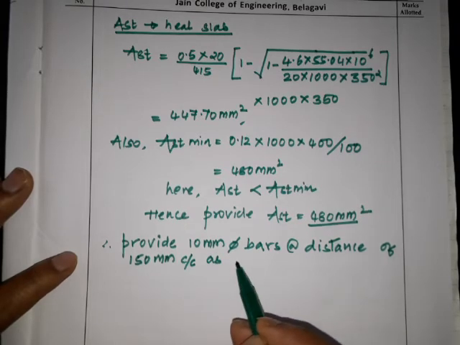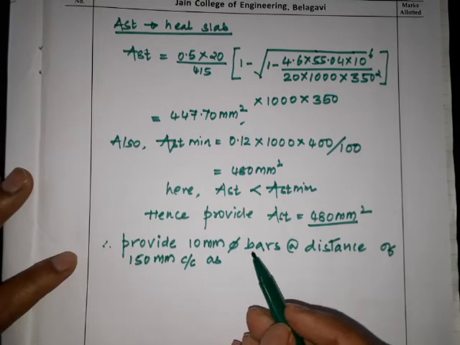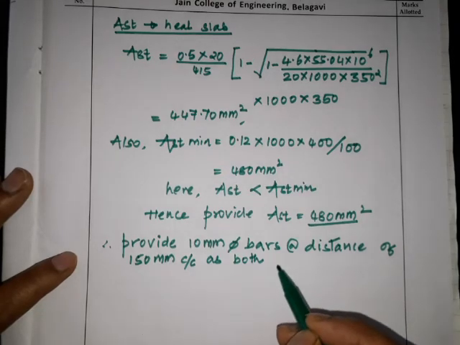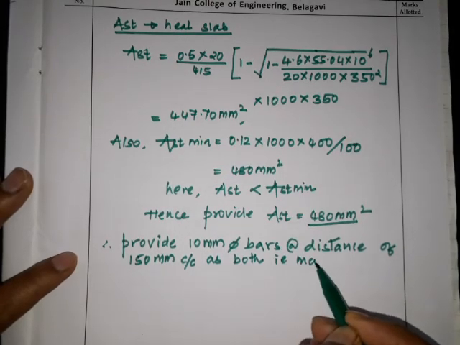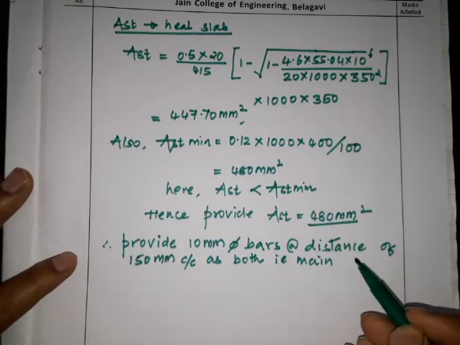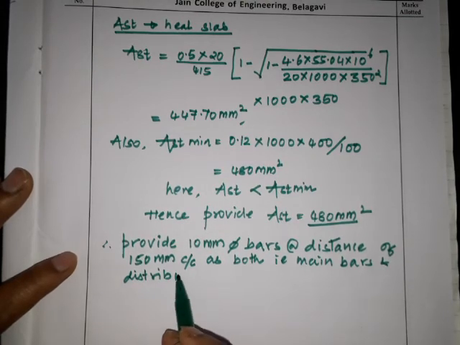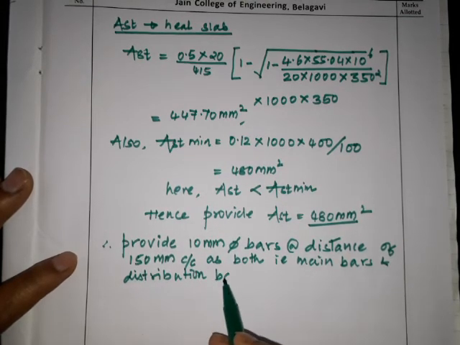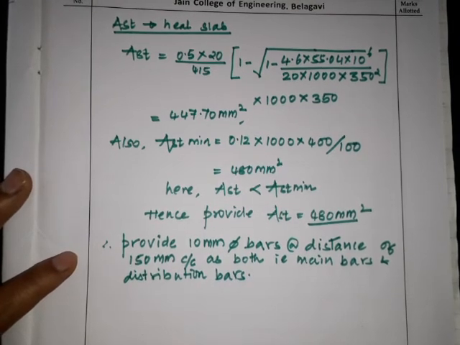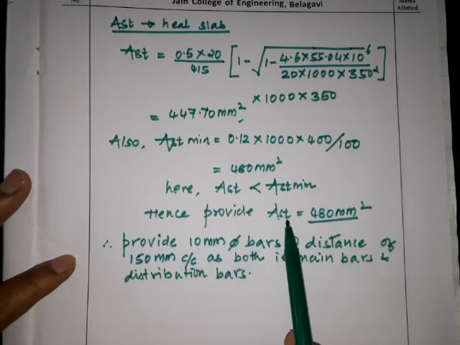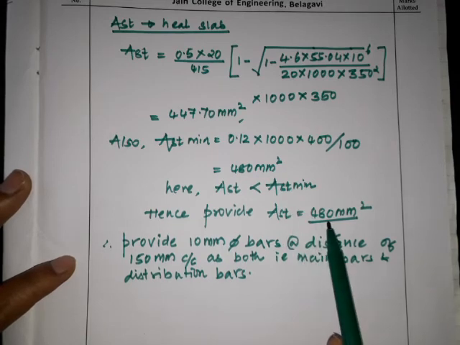as both, that is main bars and distribution bars. So what you have to do here, because we have got AST less than AST minimum, we have to provide AST is equal to AST minimum, that is 480 mm square.